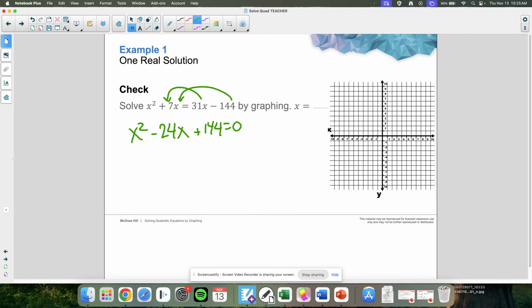What formula will give you your vertex? Negative b over 2a. What is the x value of this vertex? 12.